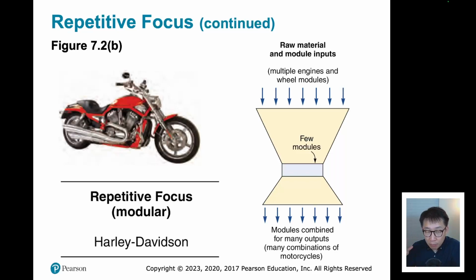Even though they're all motorcycles, they may have different models and different variations. I don't know much about motorcycles, but I don't think this is a very complicated example for you to imagine. Okay, so the assembly line accommodates somewhat modest volumes with somewhat limited variety expectations in a less flexible process flow.